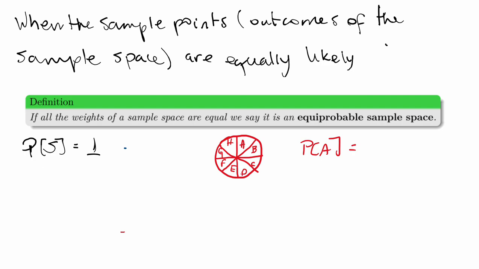No, right? If they have the same shape, the same weight, the same color, if there's no physical constraint making us think that things are biased, this is an equiprobable sample space. Okay, and then we can calculate the probability. We know how to do that.